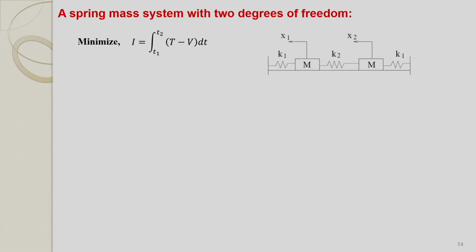There are two mass connected by 3 spring. Mass 1 has displacement x1, mass 2 has displacement x2. We want to find the governing differential equation for the motion of this 2 degree of freedom system.